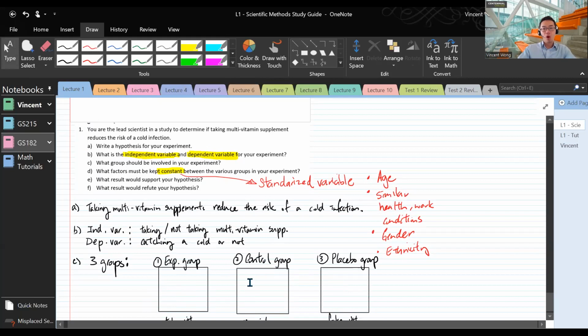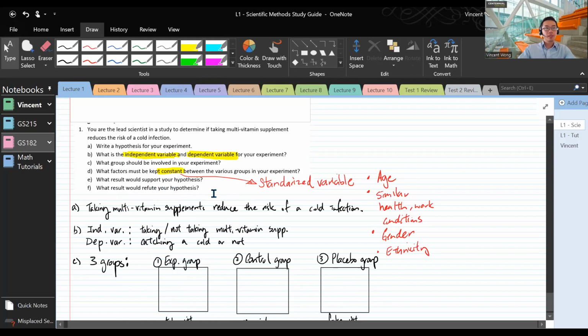So if I see more people getting infected in the control group and the placebo group, then I know the multivitamin is helping. And if I observe anything otherwise, for example, if I see more people getting the cold in the experimental group, or that they get the cold equally in each of the groups, then I will refute my hypothesis.